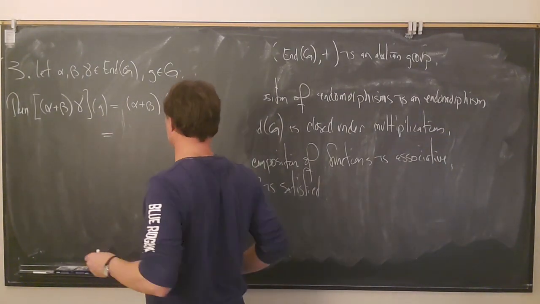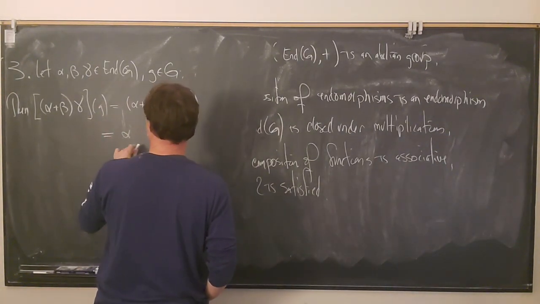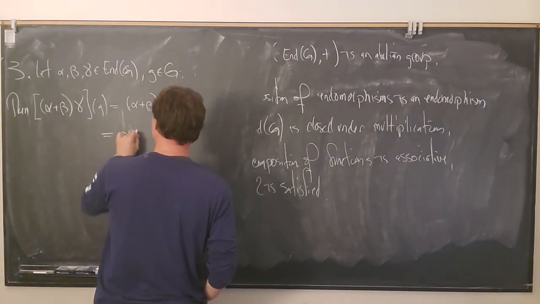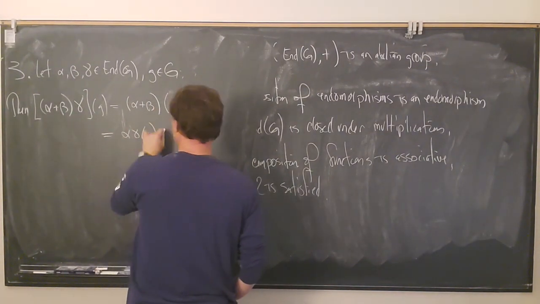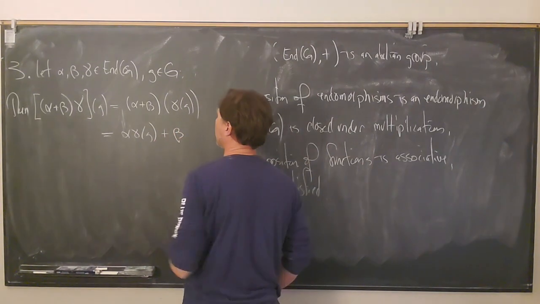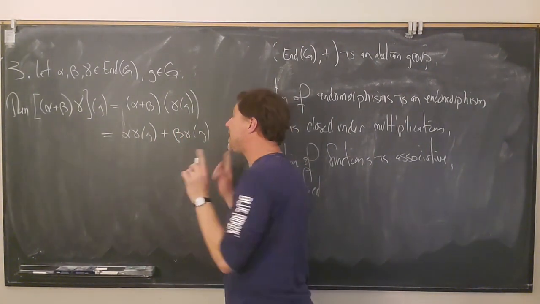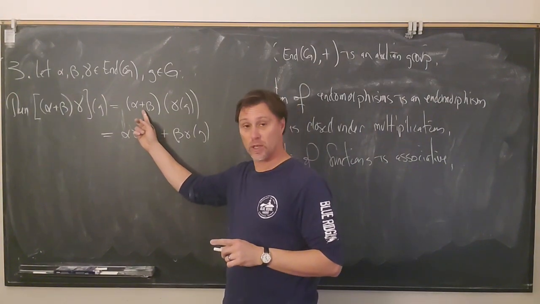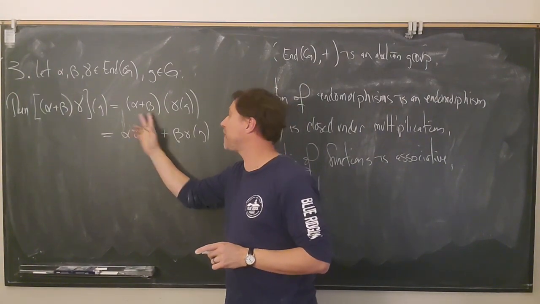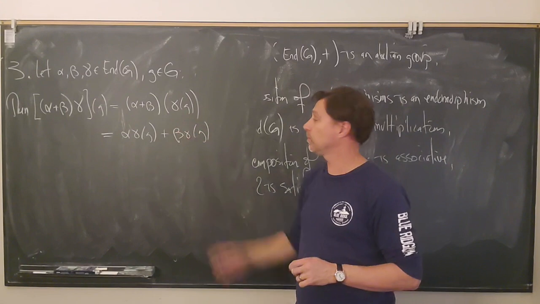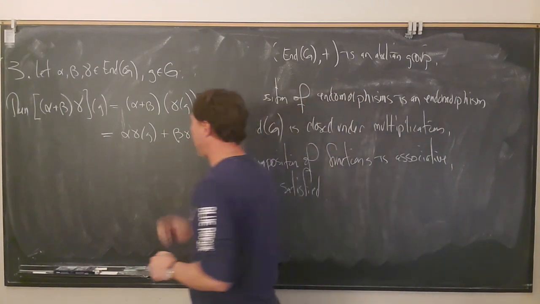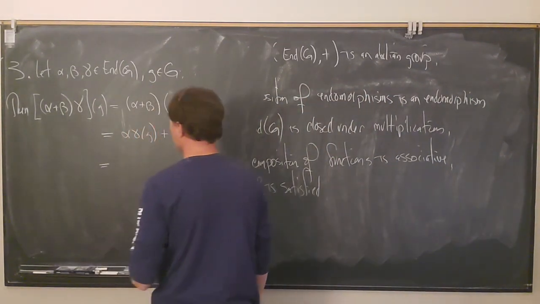Now, this is alpha of gamma of little g plus beta of gamma of little g. Now I'm using the definition of addition, so we're applying alpha plus beta to this element right here.